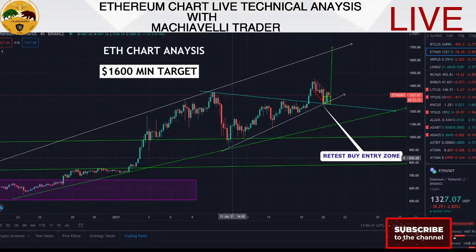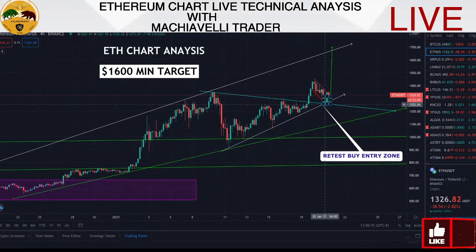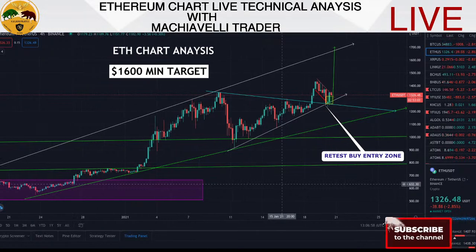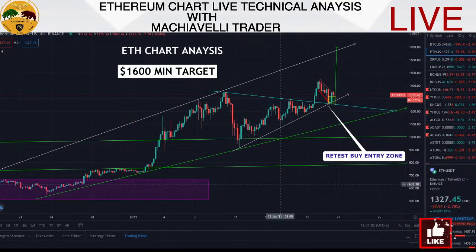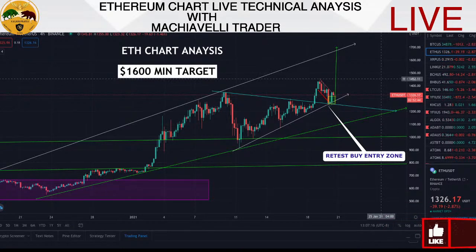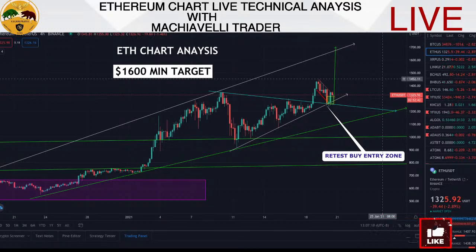This is a clear 3-bar reversal right here. So we could get, at least, we're going to see 1,600. That's what we're going to see. A measured move on Ethereum.